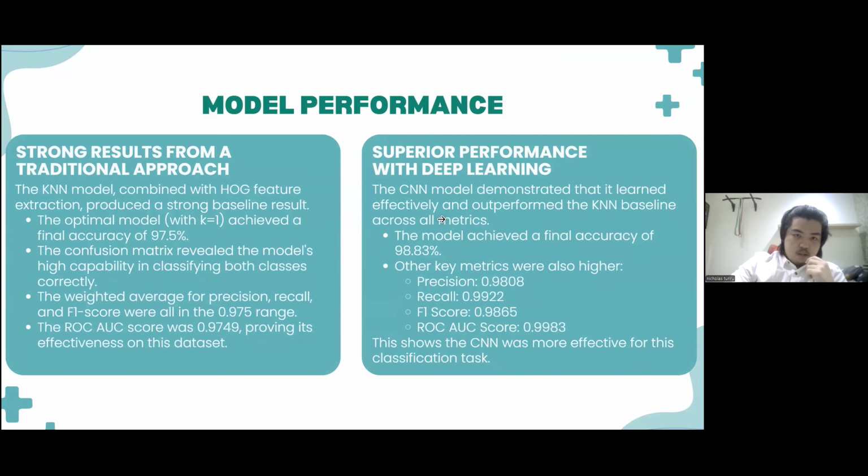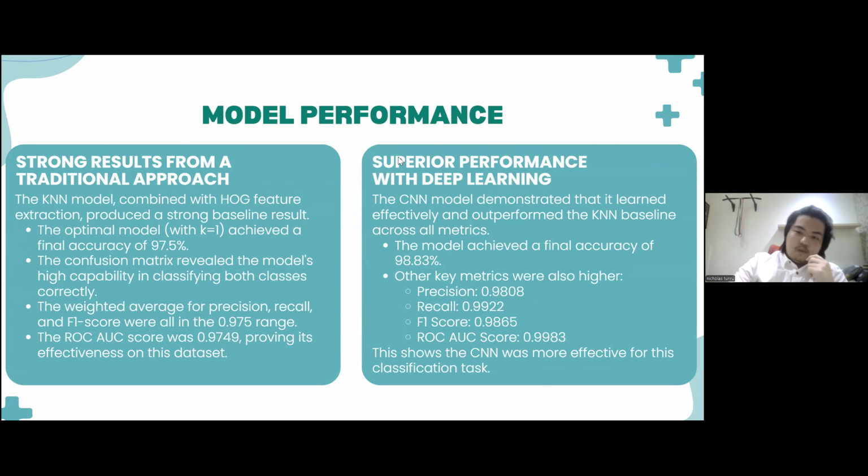Now, on the model performance. For our results, the KNN model performed impressively. The optimal performance was achieved with a K value of 1, resulting in an accuracy of 97.5%.